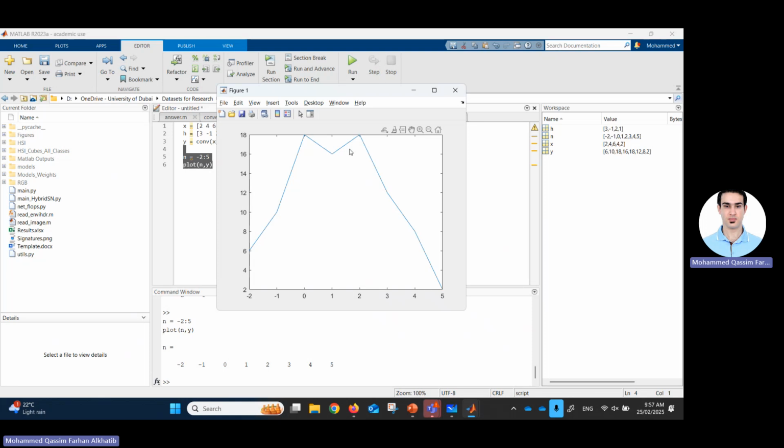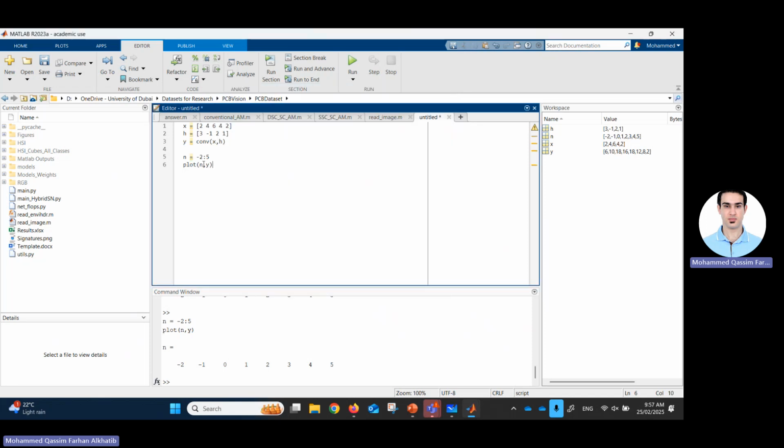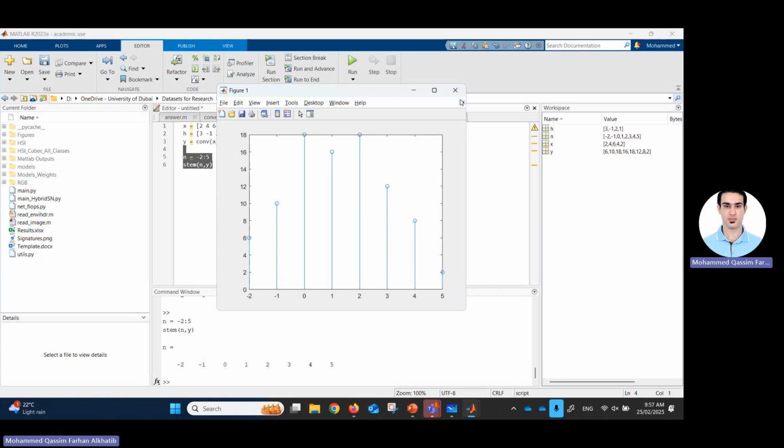If you look at the output here, that's not discrete, that's a continuous time function. So to plot discrete time values, we use the command stem. That's the main difference between stem and plot. There you go, something like this.